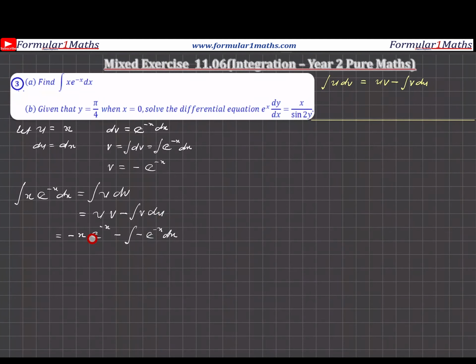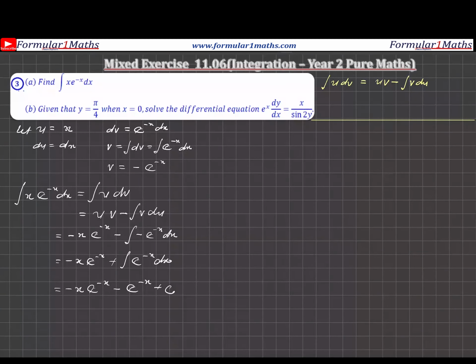So now this can simplify to minus x e to the power minus x plus integral of e to the power minus x dx. This now becomes minus x e to the power minus x. Then if I integrate this one here, I'll get minus e to the power minus x. Then I'll add my integration constant.